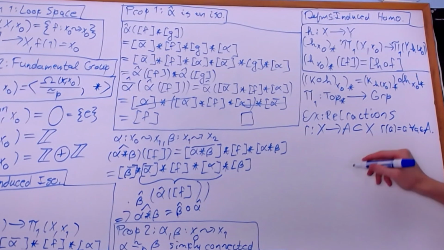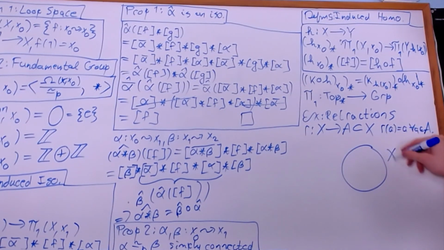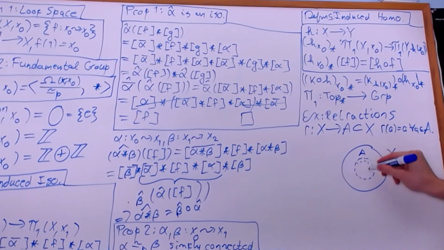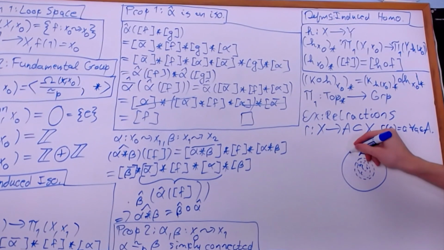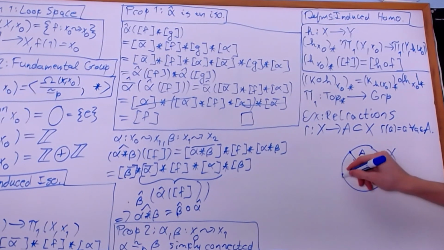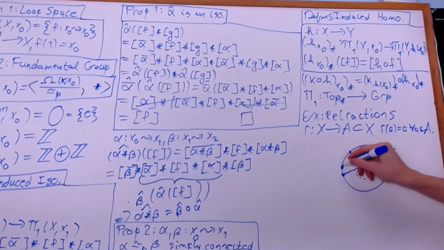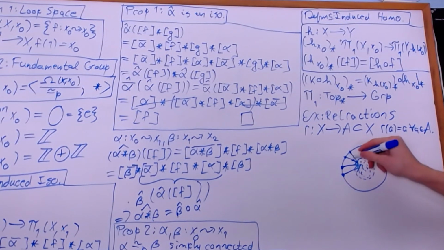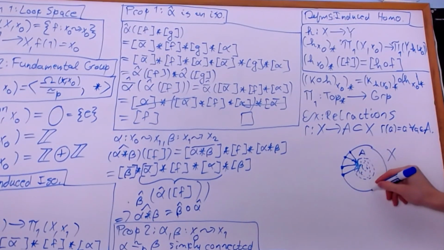Basically meaning, if I have like the ball as X and this inner ball as A, all the things in A stay the same. All of those points don't move. All the points in X, though, move in towards A. So all of these points that are in X but not in A have to move in towards A.